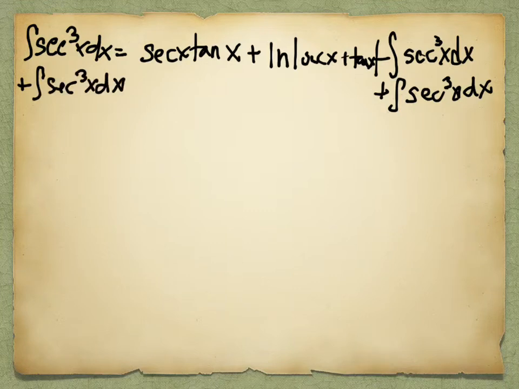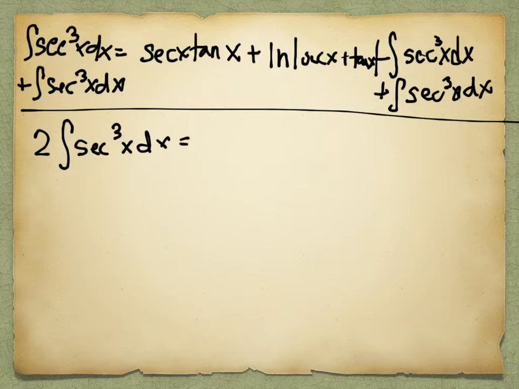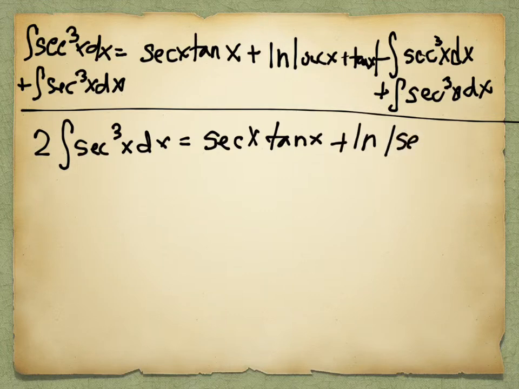So how many of them do I have on the left? 2, yeah. 2 times the integral of secant cubed of x dx equals secant x tangent x plus the natural log of secant x plus tangent of x. And I need a plus c on there somewhere, so let me put it there.